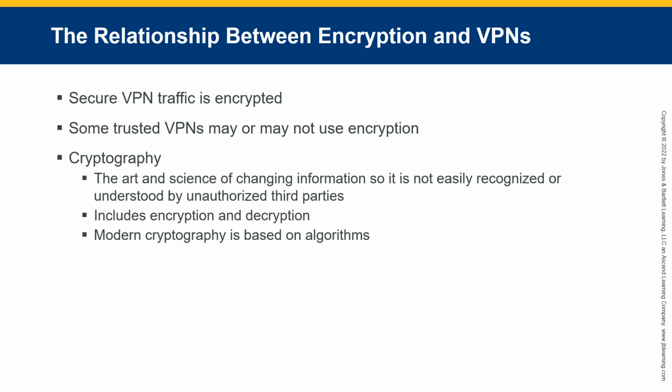All right, so now we can see the relationship between encryption and VPNs: secure VPN traffic is encrypted. Trusted VPNs may or may not use encryption, but they probably should nowadays. Cryptography is the art and science of changing information so it's not easily recognized or understood by unauthorized third parties.